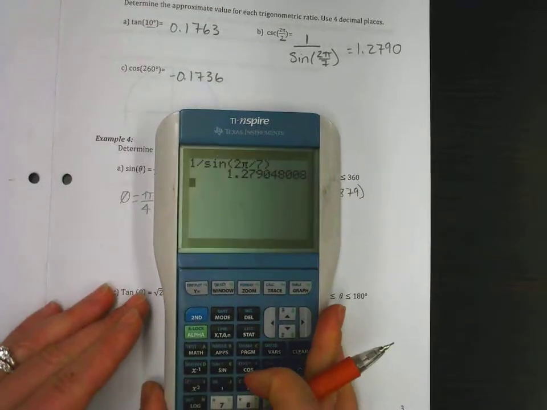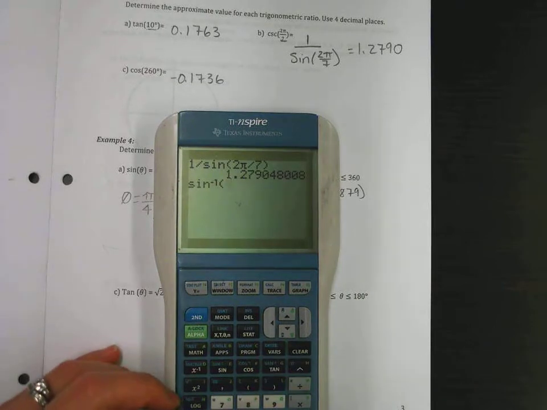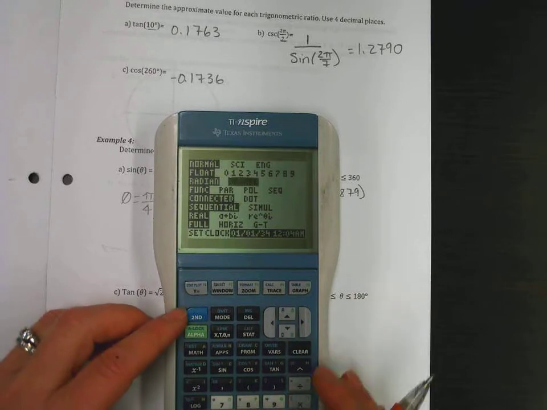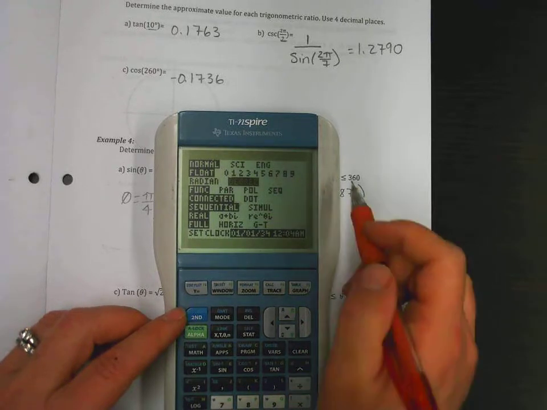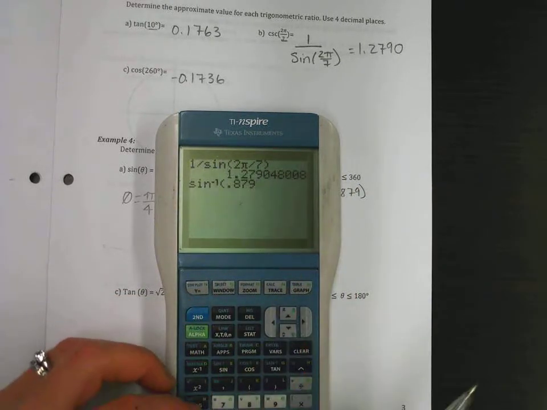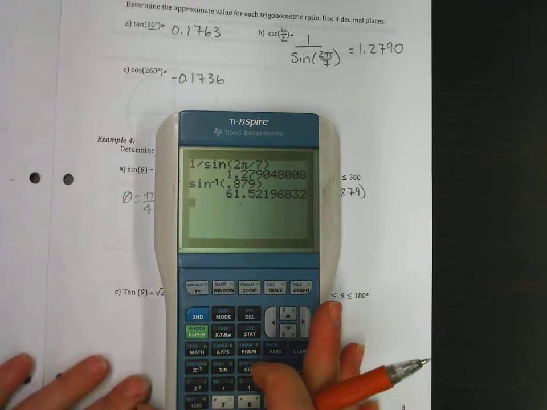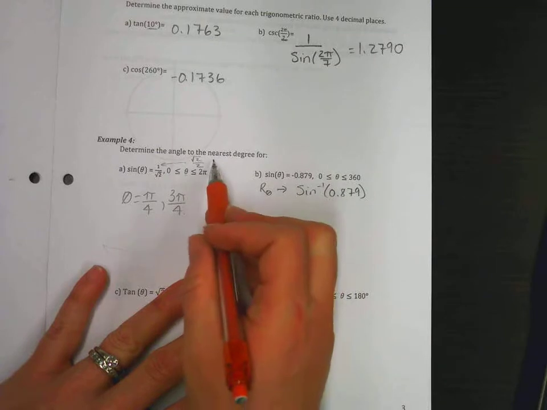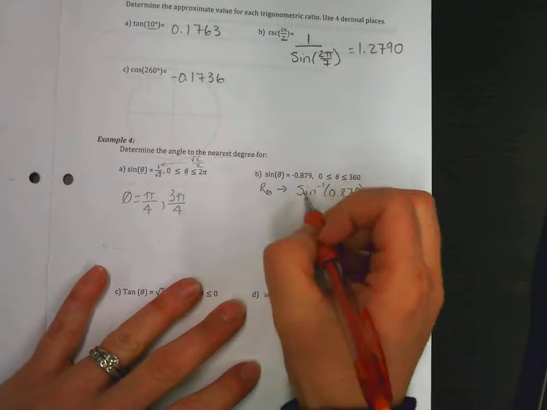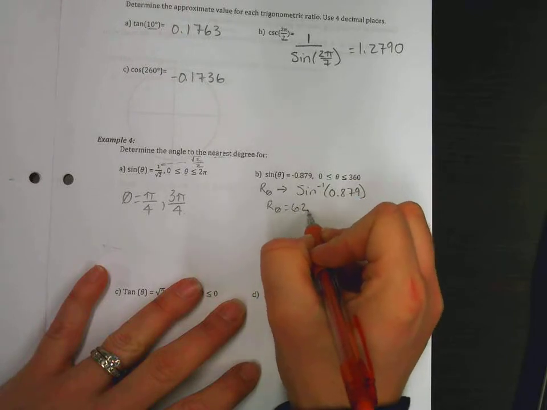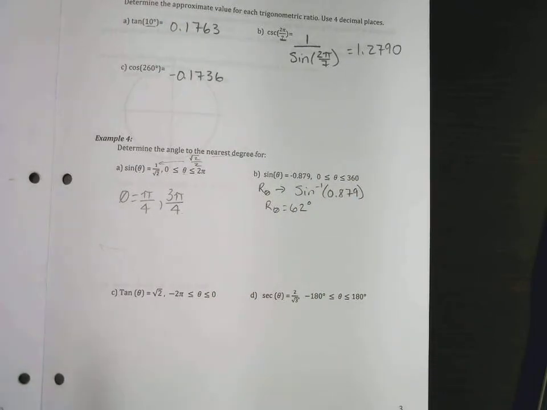So on your calculator, I'm going to go second sine 0.879. And I want to be working in degrees right now because that's what my domain is given to me in. And I get a reference angle of 61.5 degrees. And it asks for the nearest degree, so I'm going to do a reference angle of 62 degrees. So that's my reference angle.